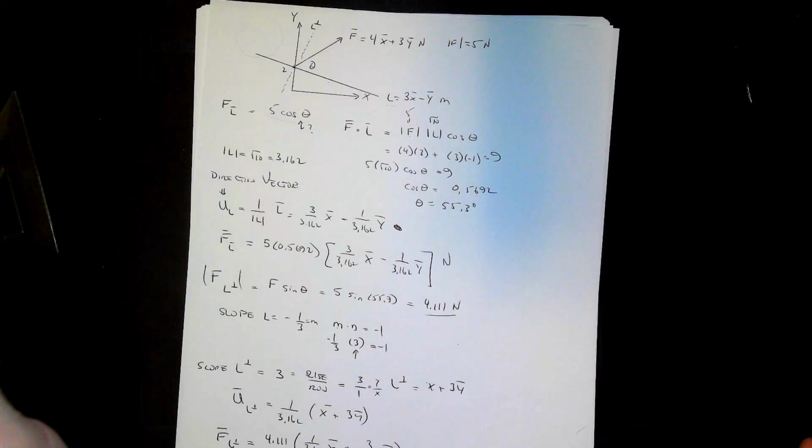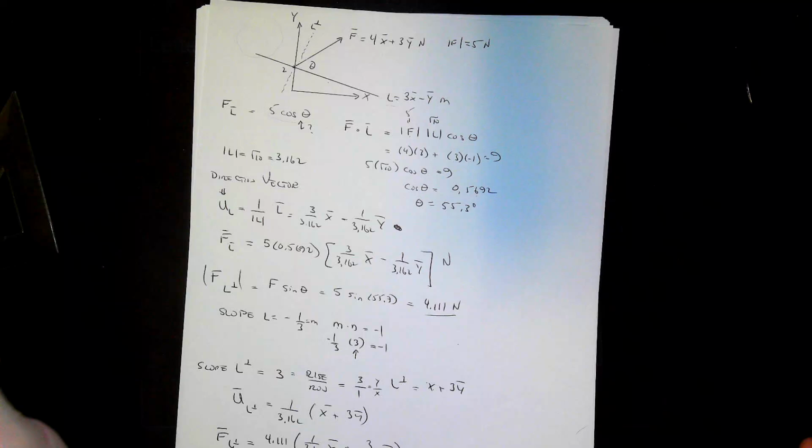So the unit vector along L, which is our direction vector, I'd need 1 divided by the magnitude of L times the vector L. I'm just dividing this by its length, and that would give it to me.